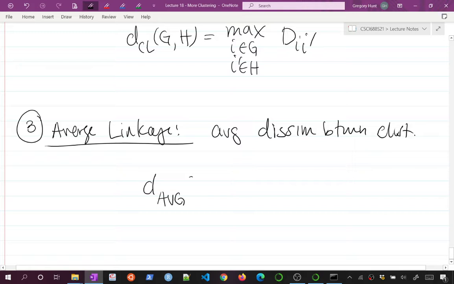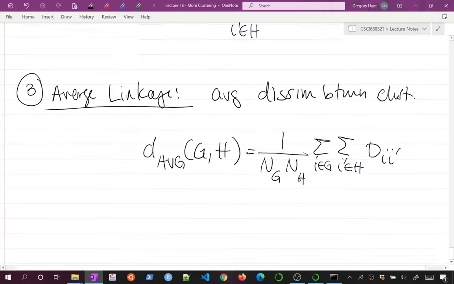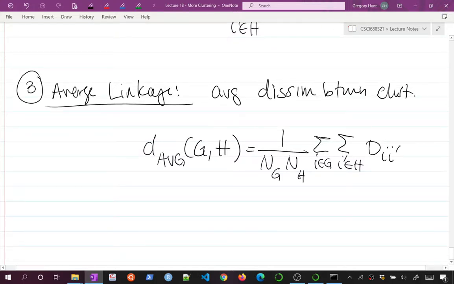So the average between G and H: I look at how many are in G, let's call that N_G, and how many are in H, let's call that N_H, and I'm going to sum over all i in G and over i prime in H, and look at the dissimilarities. I'm literally just averaging the dissimilarity between the two clusters.